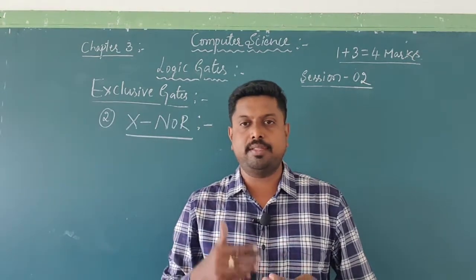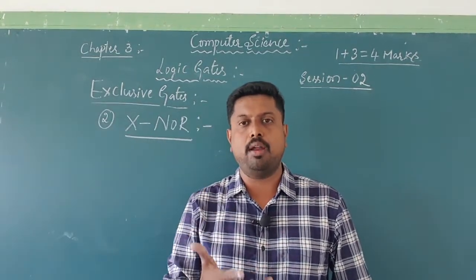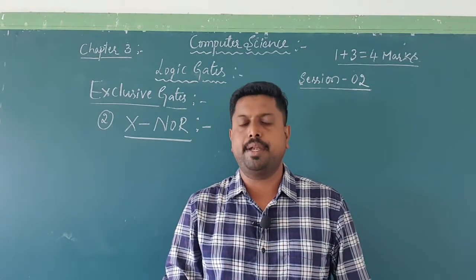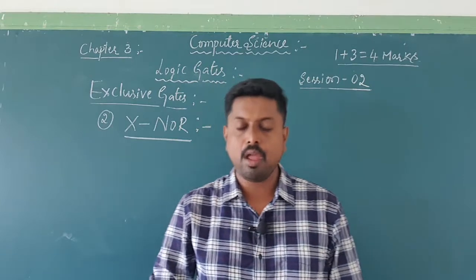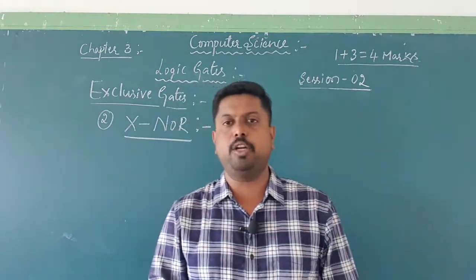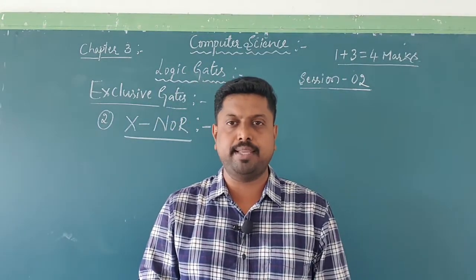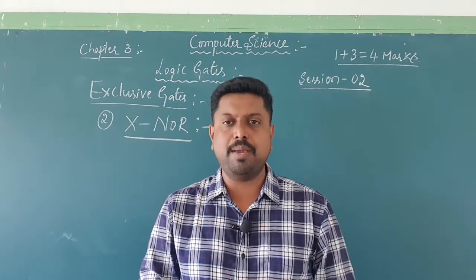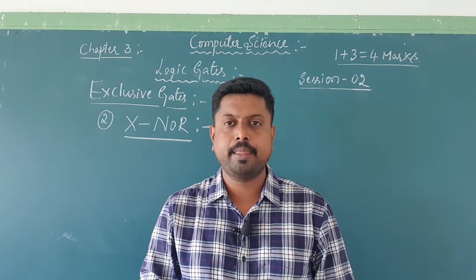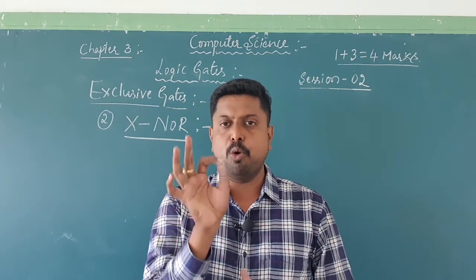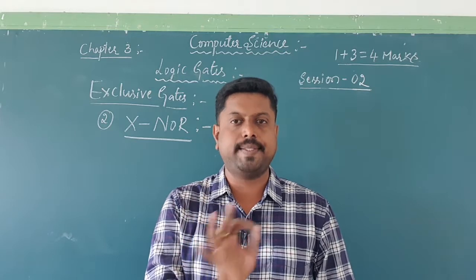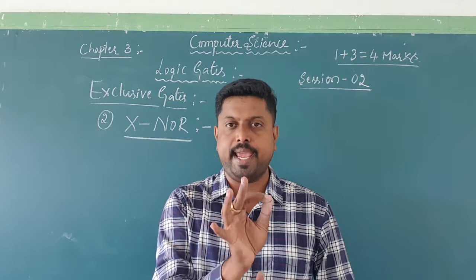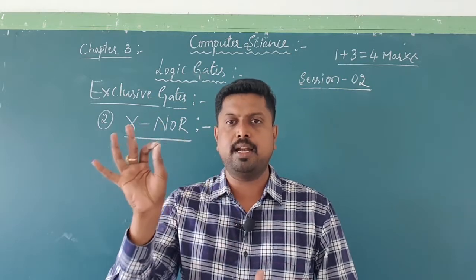Yes, if I come to the second exclusive gate, that is XNOR, as I said, this is the complement of the XOR gate. How? See here, the XNOR gate also accepts two or more input signals and produces a single output signal. But the truth table definition for the XNOR gate is that whenever both input signals are the same, then only the result is 1.